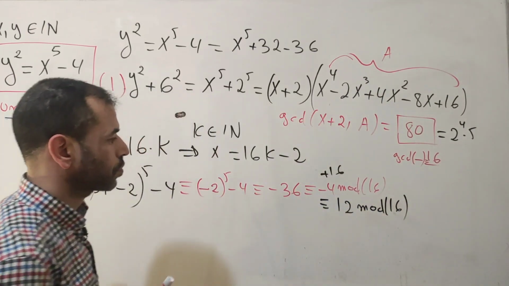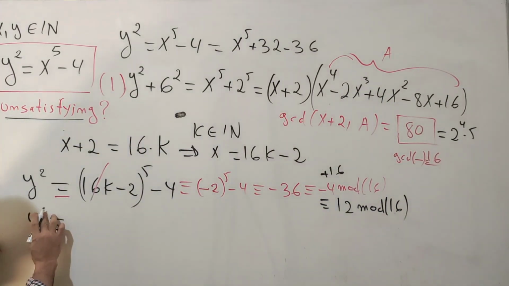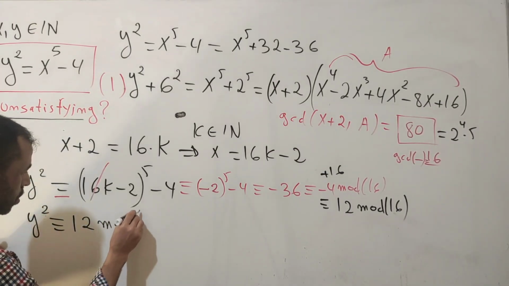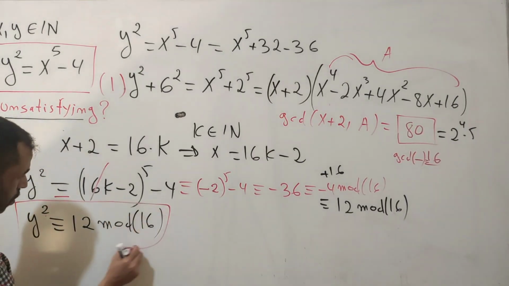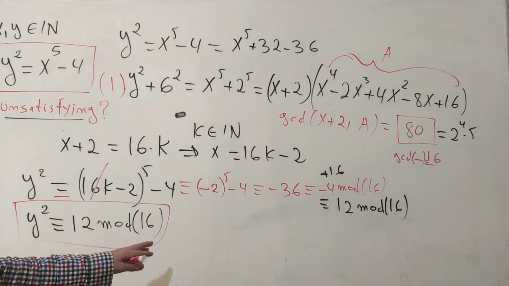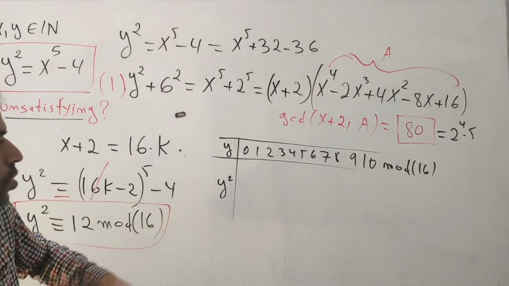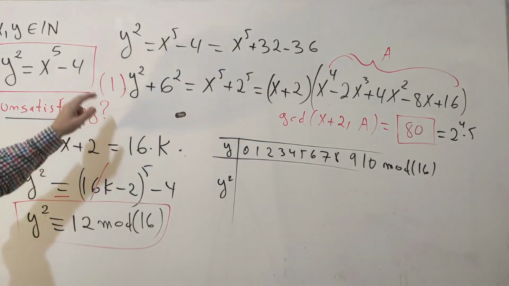So we get y squared congruent to 12 mod 16. Well, what to do, I'm going to go through the chart to see what the possible remainders are when you reduce this mod 16. Let's ignore the value of 0 because we are dealing with natural numbers.